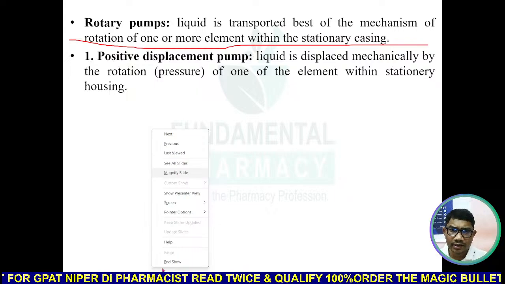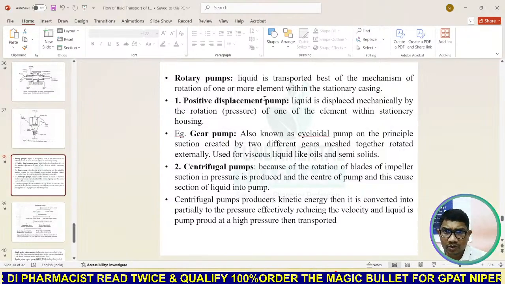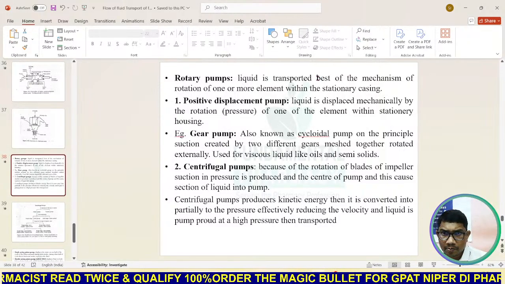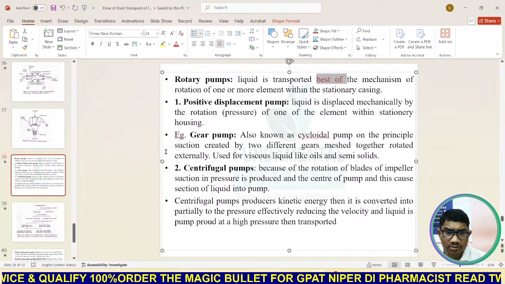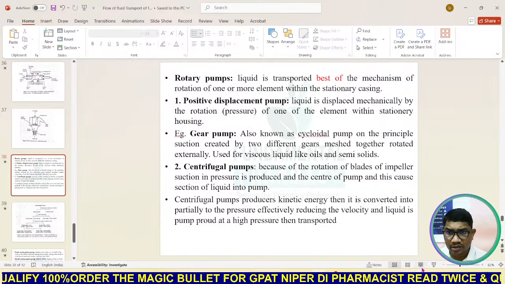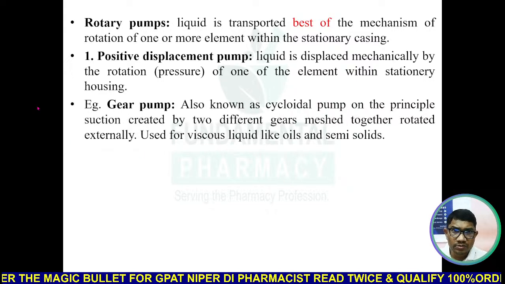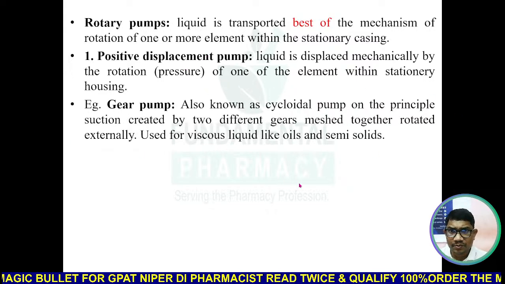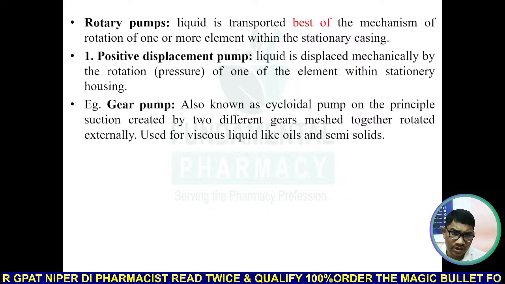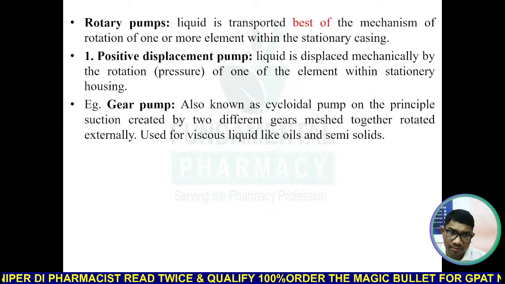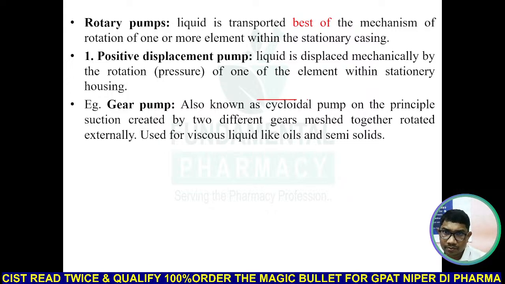It is a positive displacement pump, liquid displaced mechanically by rotation of one of the elements within the stationary housing. An example is the gear pump, also known as a cycloid pump.